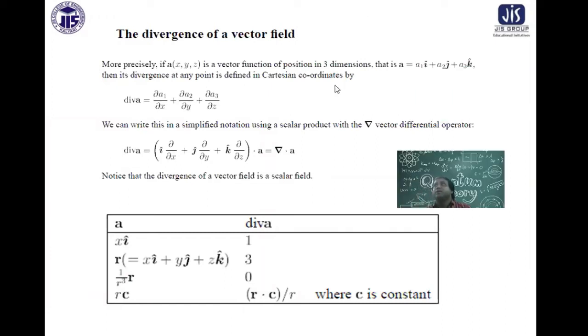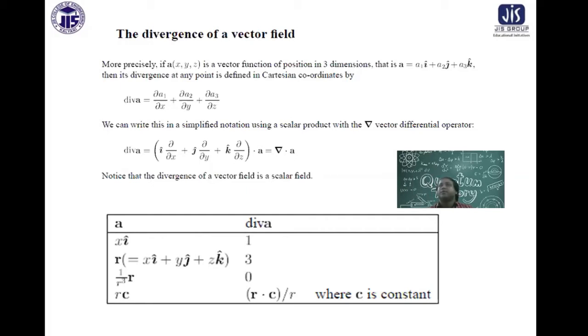If A is a vector a1 i cap, a2 j cap, a3 k cap, its divergence, with ii = 1, jj = 1, kk = 1, is del a1 del x plus del a2 del y plus del a3 del z. That is the divergence of the vector. You can see it is the dot product of the two vectors.